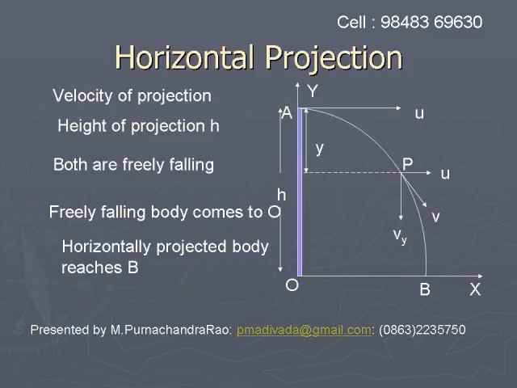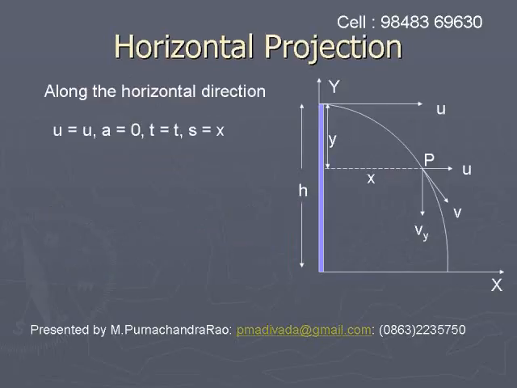The freely dropped body falls at O, and the horizontally projected body falls at B following a parabolic path. But both are freely falling bodies.